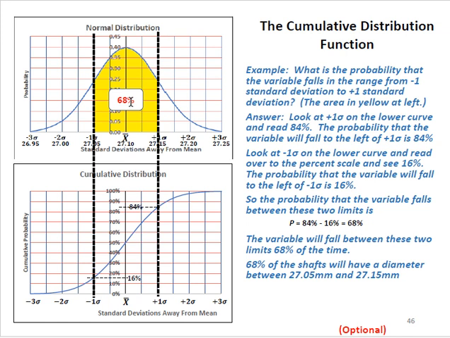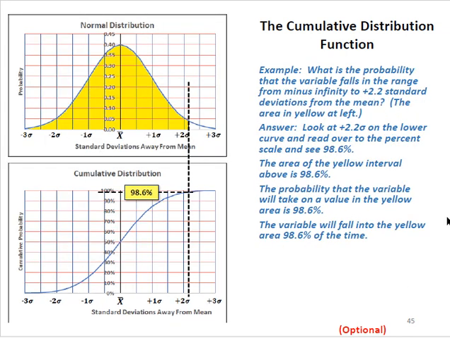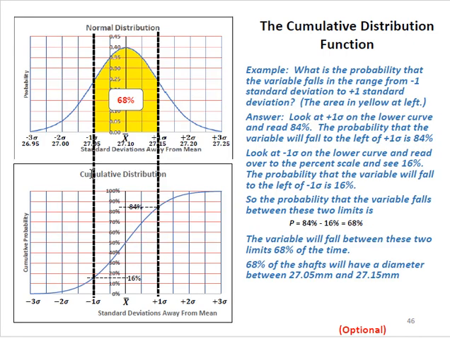So 68% of the shafts will have a diameter between 27.05 and 27.15. This is what I was talking about: the variable that you're looking for. Now we wrote it here, and here it wasn't. So we're talking about the shaft diameter.